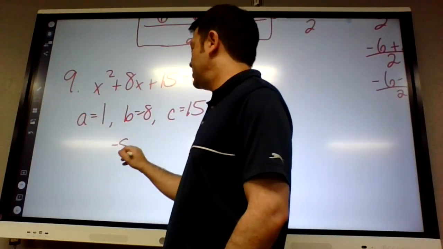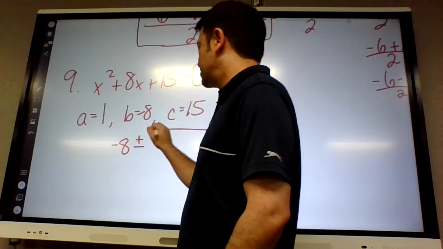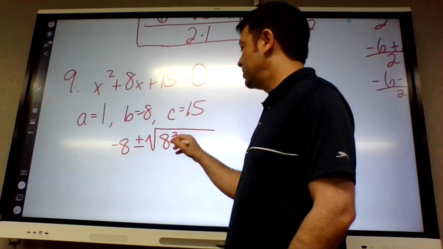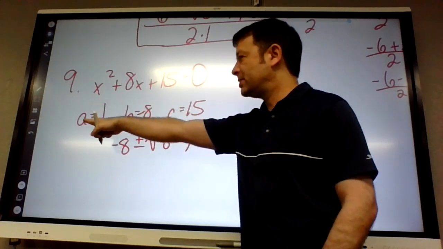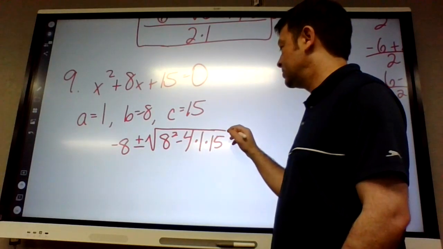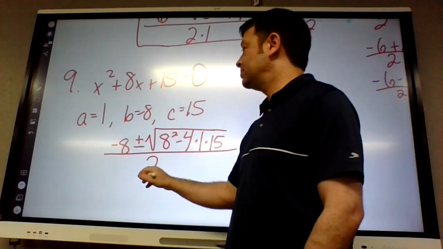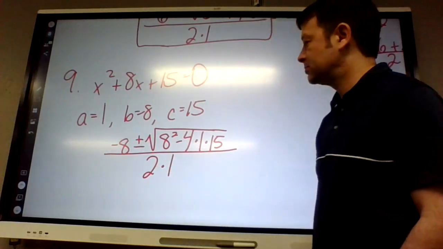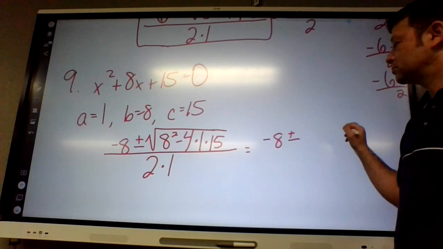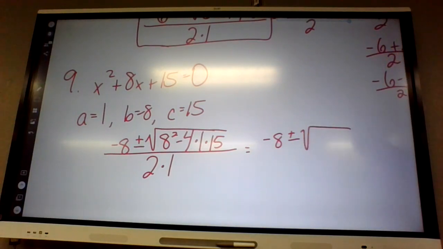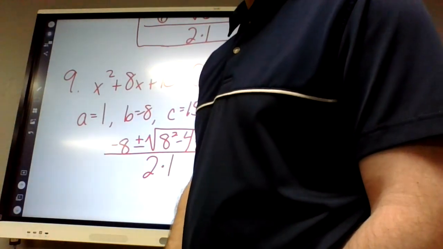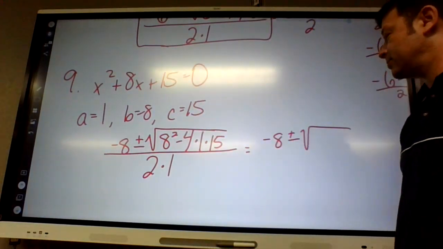So negative 8 plus or minus the square root of B squared, so 8 squared, minus 4 times A times C, over 2 times A. So will the A always be 1? Not always. If you look down the page, once you get to 16 and 17, it's not 1.